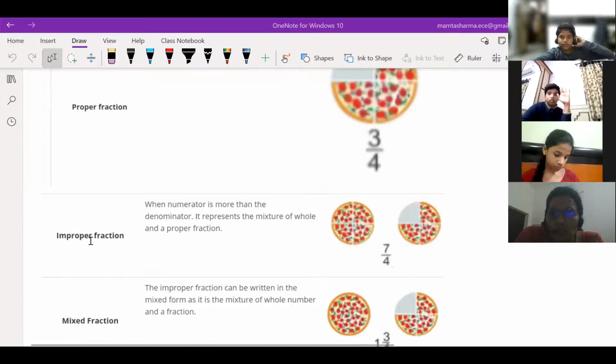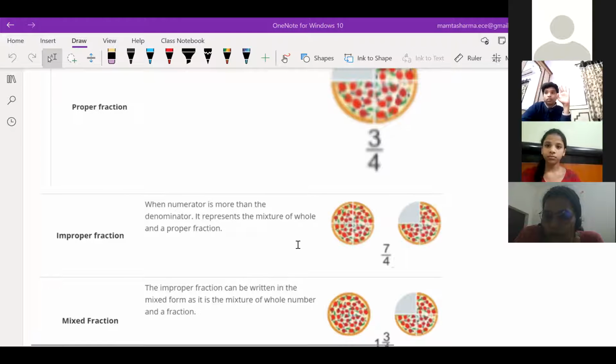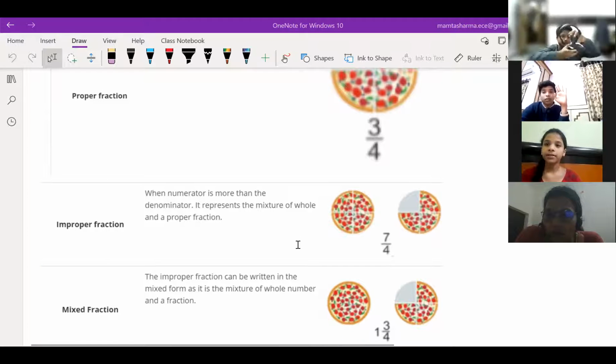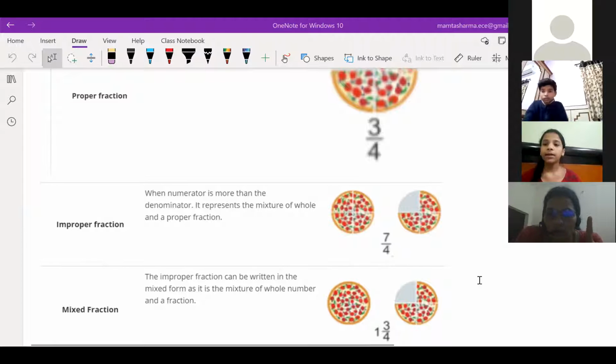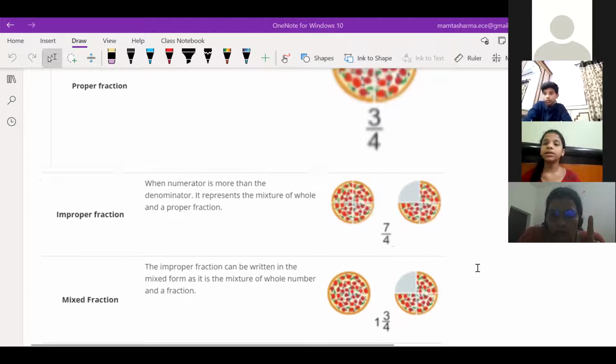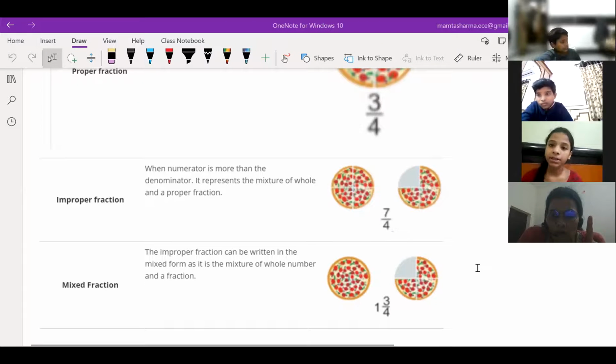Now second one is the improper fraction. What is the improper fraction? Improper fraction means the numerator is bigger than the denominator.